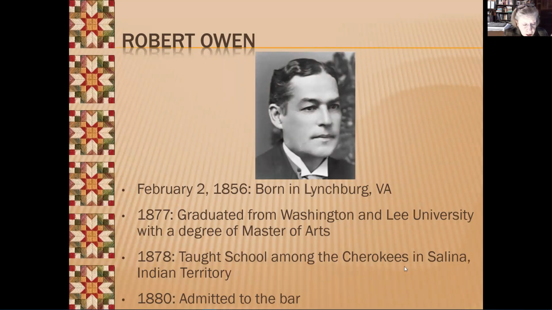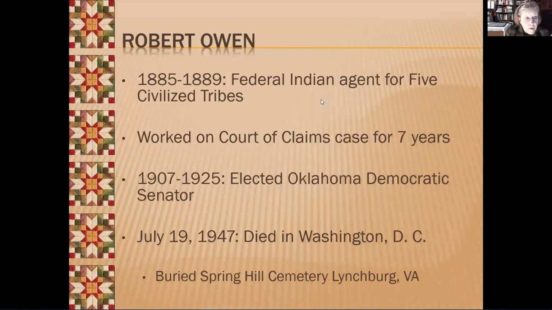He teaches the Cherokees. While he's out here, he is admitted to the bar. And then from 1885 to 1889, he serves as the federal Indian agent for the 5 civilized tribes.